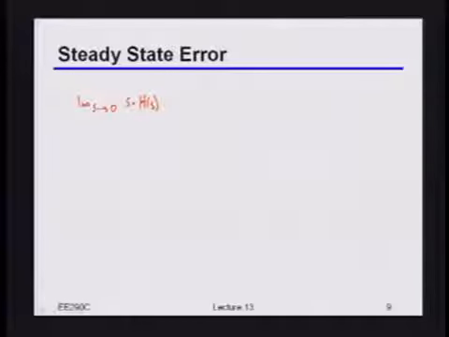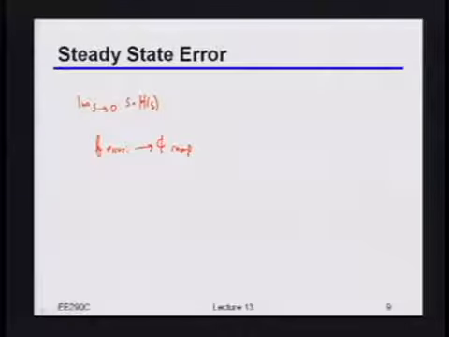Okay? So let's just see what that would imply in this particular case. So first of all, if I have essentially a frequency error, we said that that translates into a phase ramp, right? Okay, so in the S domain, what would a phase ramp be represented as?